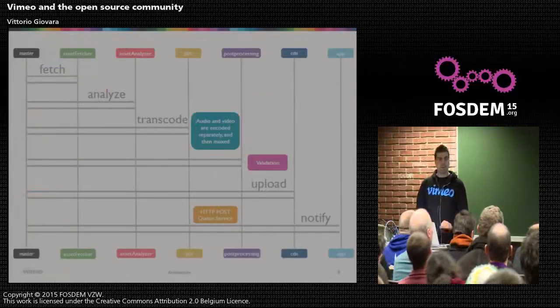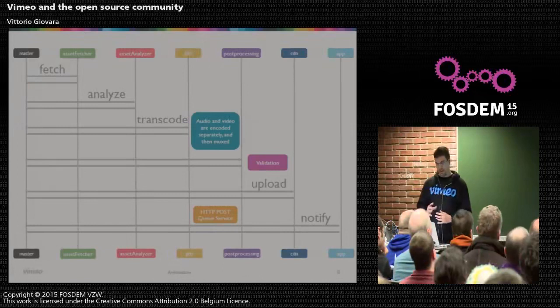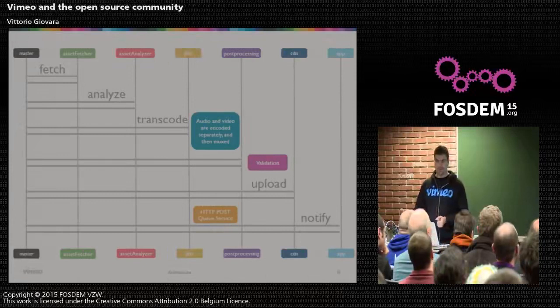This is a zoom in of a Gearman job. We have the master job, which controls everything, and it is master that calls for the asset fetcher. Asset fetcher will download the file, once uploaded, from the storage to our encoding platform.